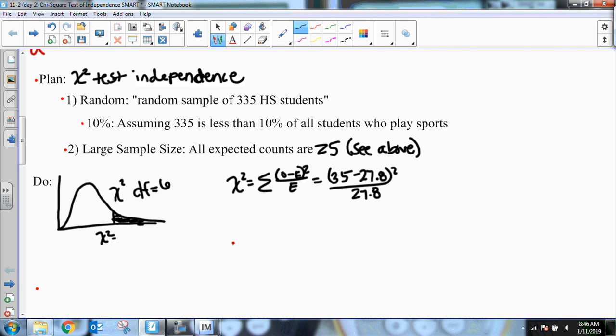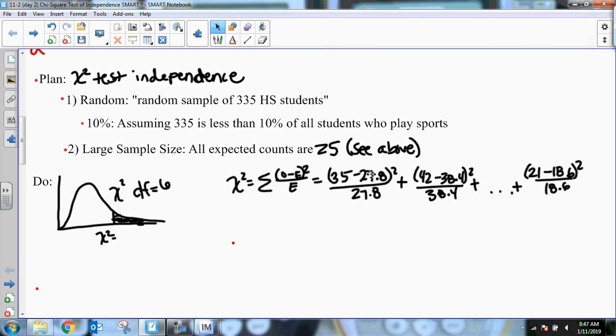And then I personally like to head downwards. So I then did 42 minus 38.4 squared divided by 38.4. That's still baseball, but this time it's the Math 3 class. Plus dot, dot, dot. And then I like to just go to the very last one. Basketball pre-calculus would be 21 minus 18.6 squared divided by 18.6.